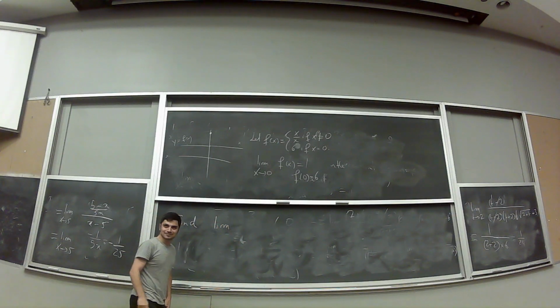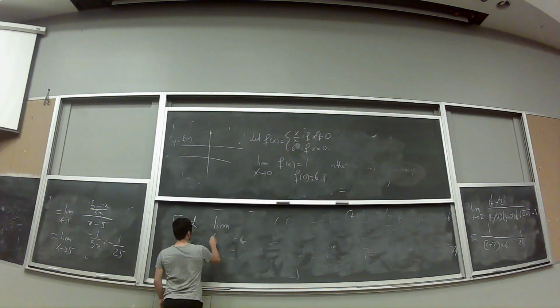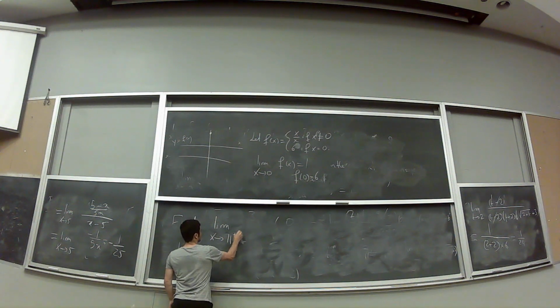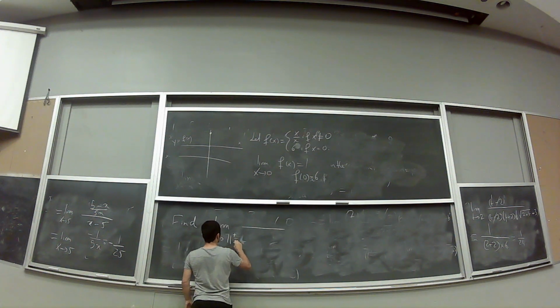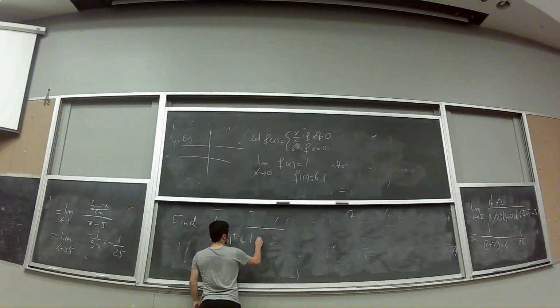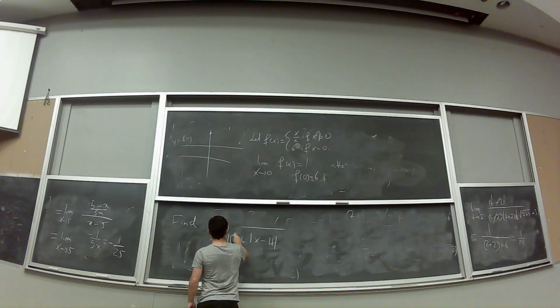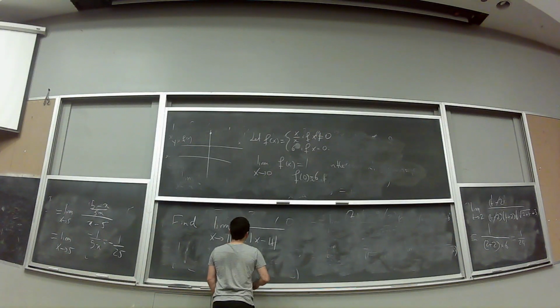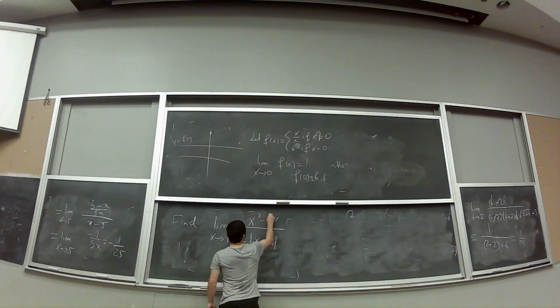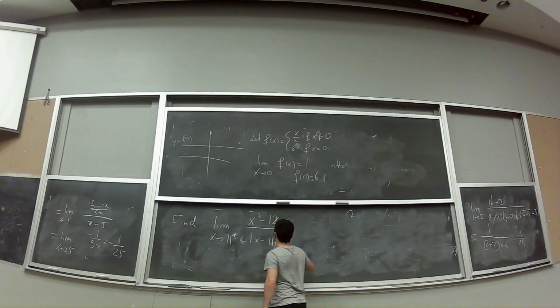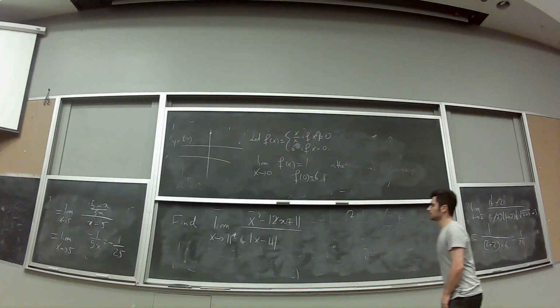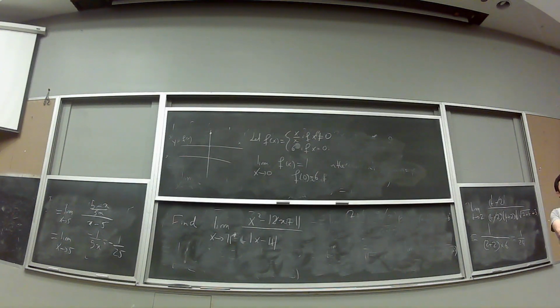Let's see. I want to say something. Okay. Plus x minus 11, so that's x squared minus 12x plus 11, over the absolute value of x minus 11.